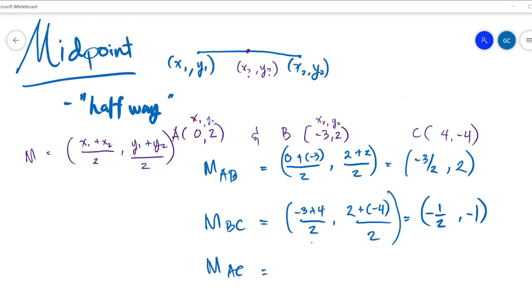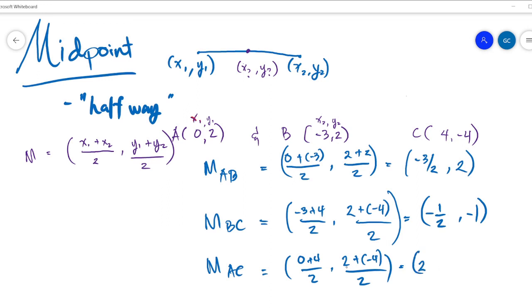So for AC, same. We'll have 0 plus 4 over 2, and 2 plus -4 over 2. Then 0 plus 4 is 4, and 4 divided by 2 is 2.